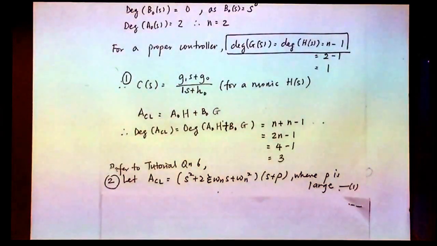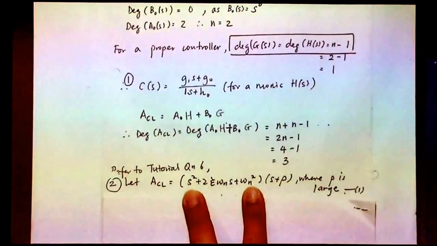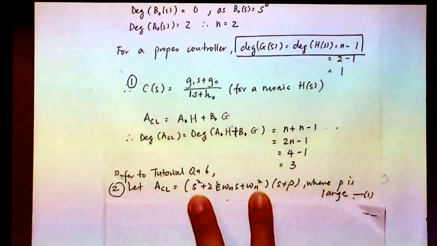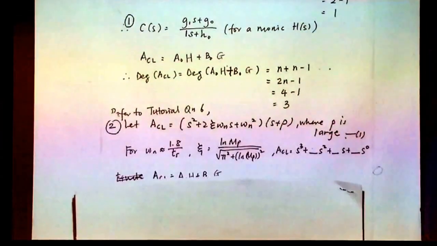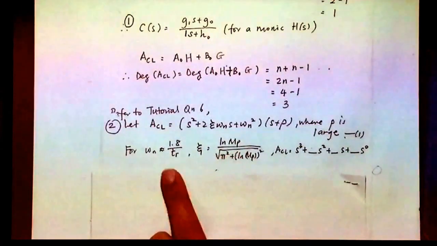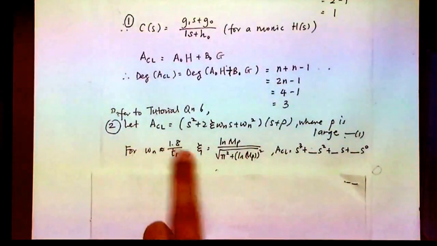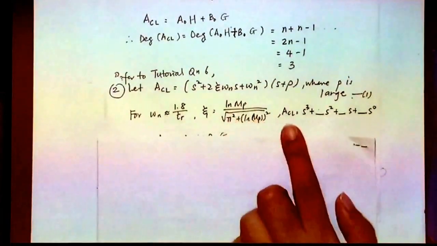At the end of the day, p will just disappear, and the dominant poles are these, whereby you can specify a rise time and overshoot. If you are given a rise time and overshoot, you know omega n and zeta, and you can form ACL.